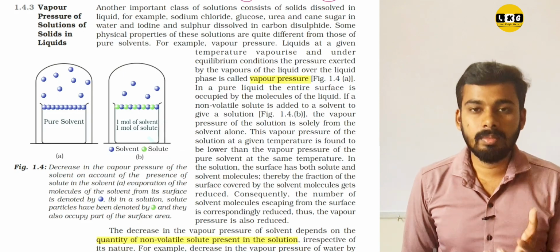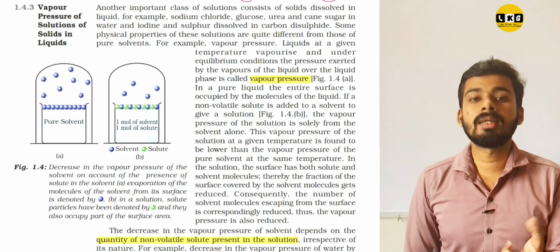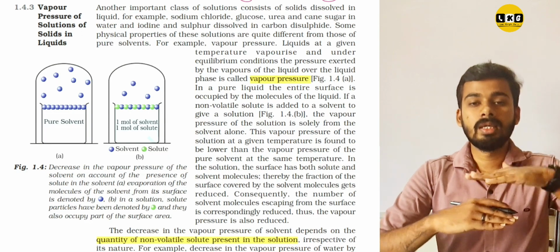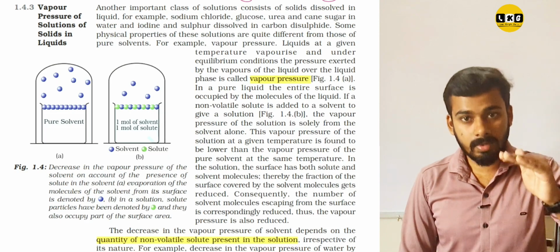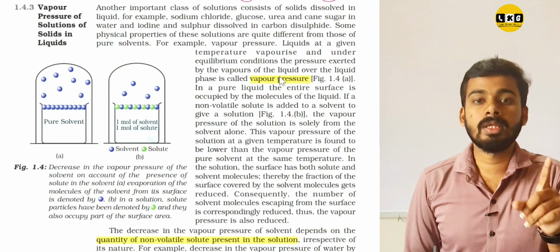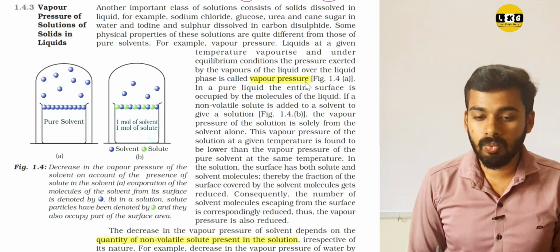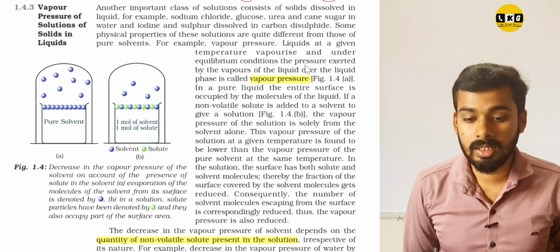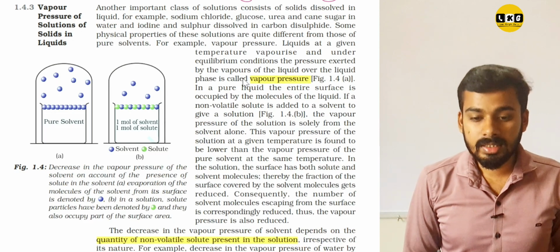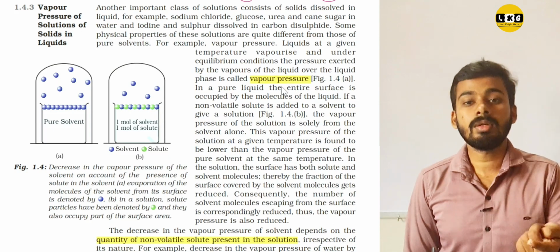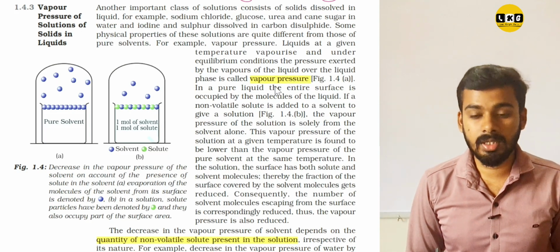Liquids at a given temperature get vaporized, and under certain given pressure and conditions there will be establishment of equilibrium. By the exertion of some pressure by the liquid vapors, it is called vapor pressure. The pressure exerted by the vapors over the surface of the liquid is called vapor pressure.